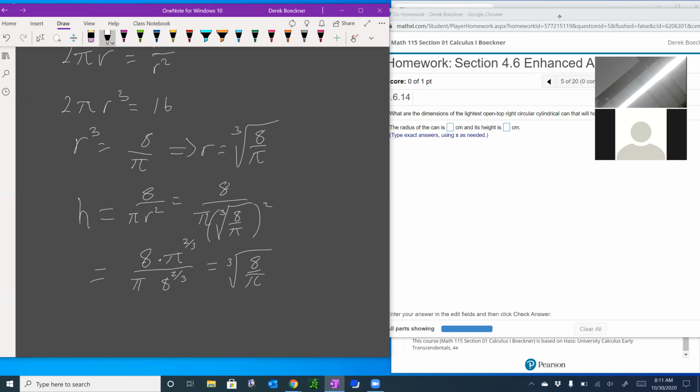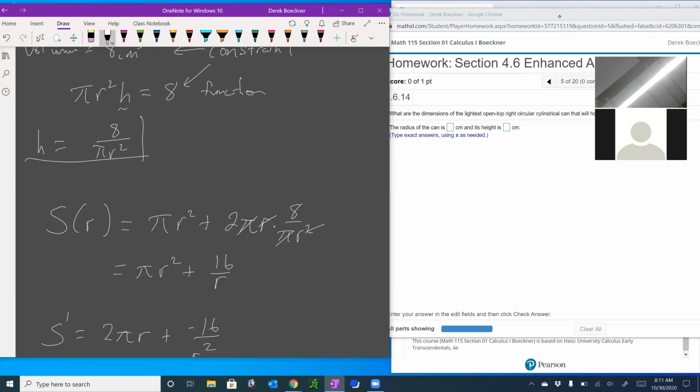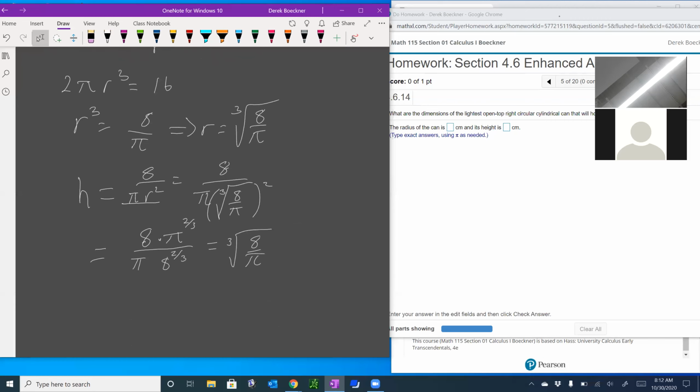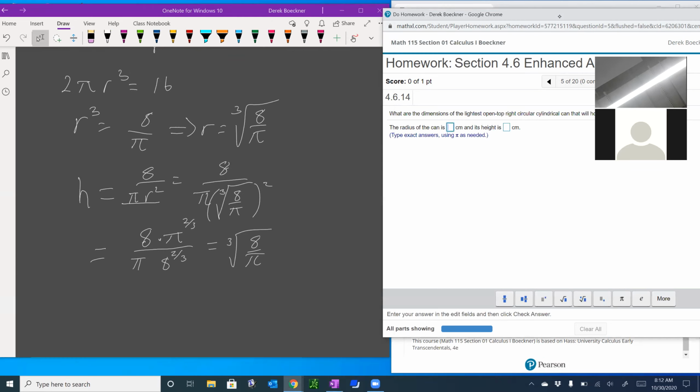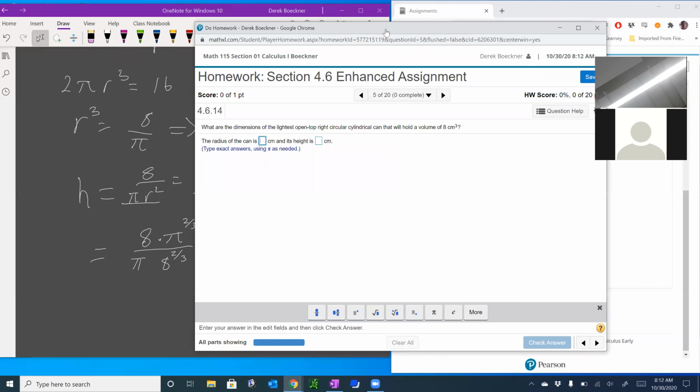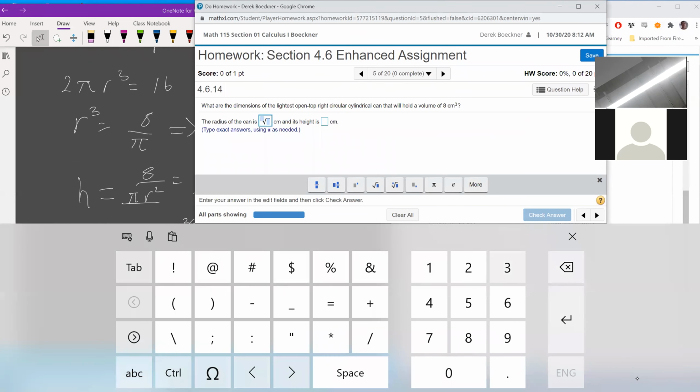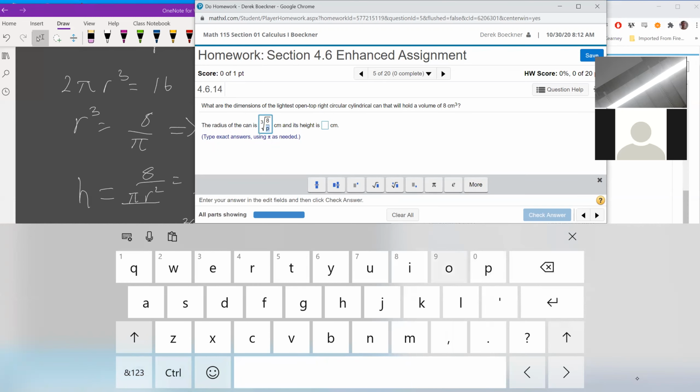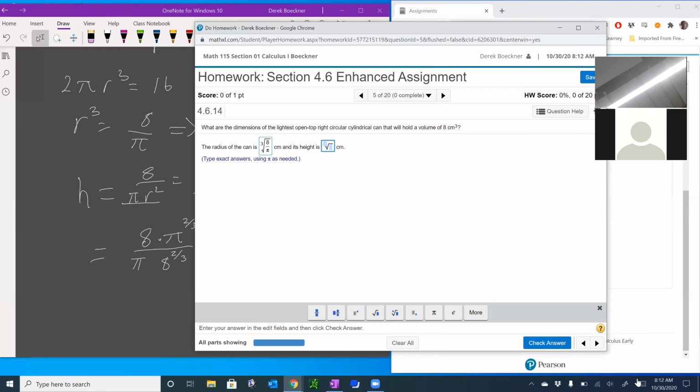That was what we solved for here. So I'm going to have both the height and the radius are the cube root of 8 over pi. That did it? Okay.